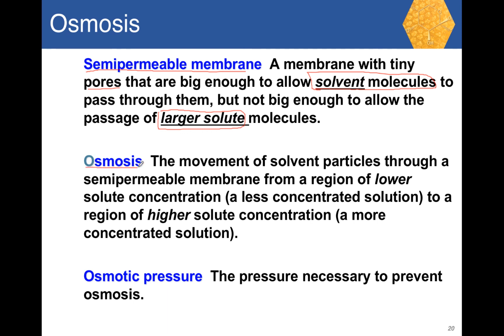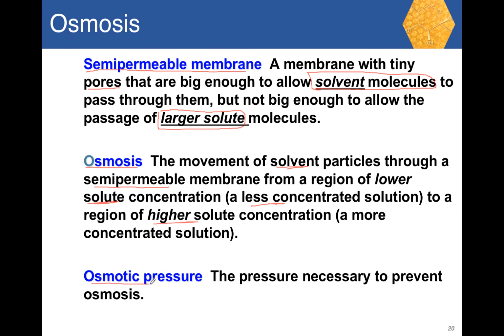Osmosis is a process where we have solvent molecules passing through a semi-permeable membrane. Again, solvent molecules passing through, and of course it depends on the concentration. So the solvent molecules move from the region of low solute concentration, less concentrated, to the high concentrated. So if you look at it as always trying to dilute the high concentration.